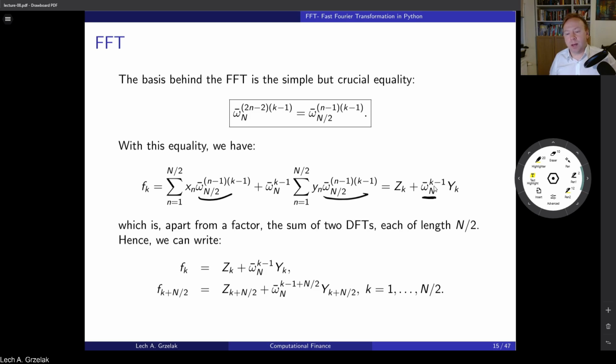So then we have omega_n^{k-1} times y_k. This is a term that we will get from here. And then we can write the system of these two equations for f_k and f. For this equation, once we choose k, we can substitute; this is a running index. So if we change k to k plus n over 2, every index will also be changed, as you can see.